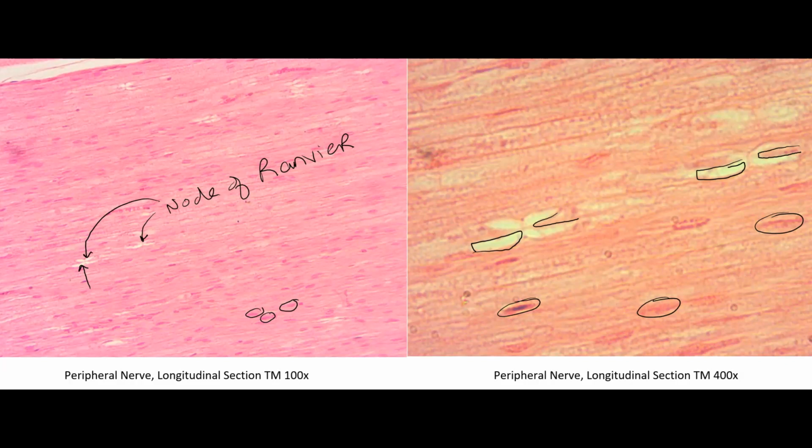Now it looks in these slides like there might be myelin there, but that node of Ranvier is the unmyelinated part of the axon, and that's where you're actually generating action potentials, where ions are moving in and out, sodium and potassium, out of that axon.